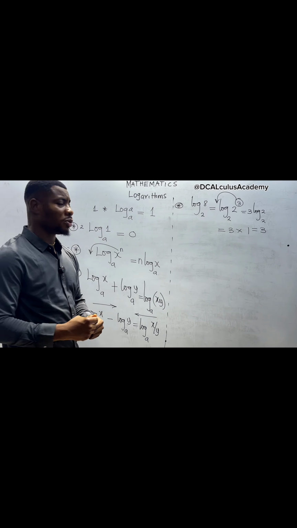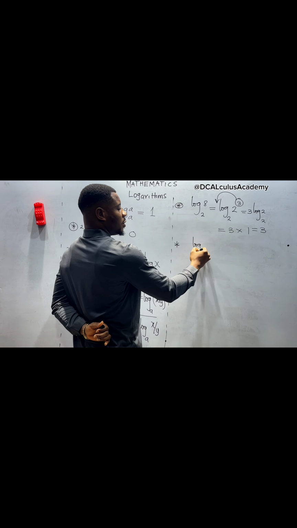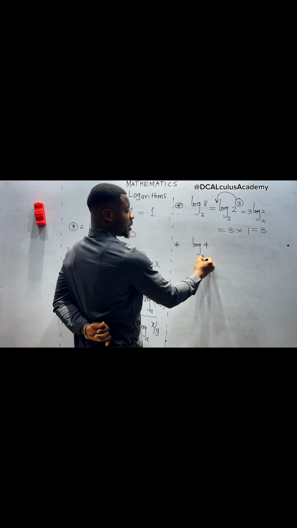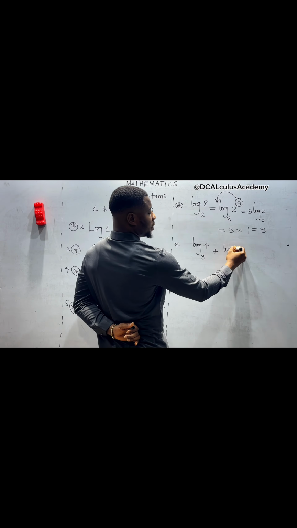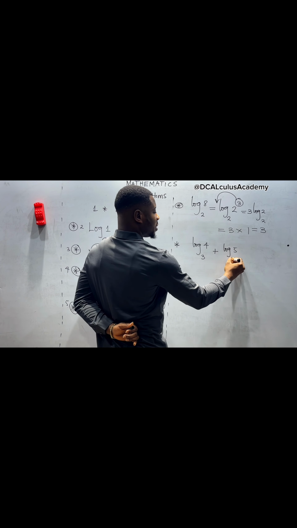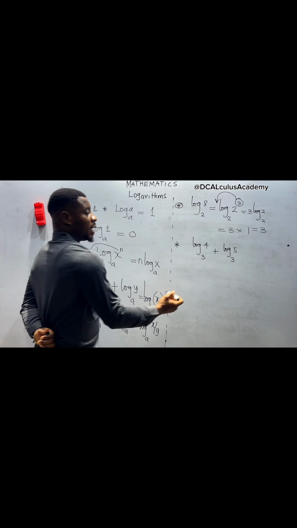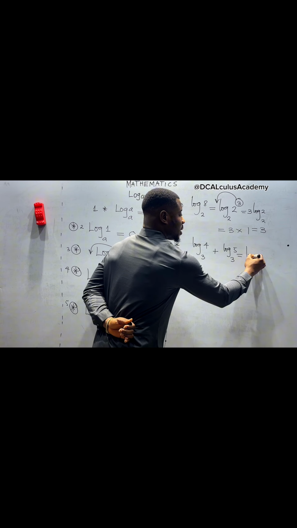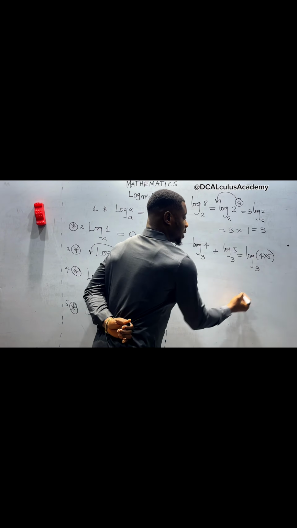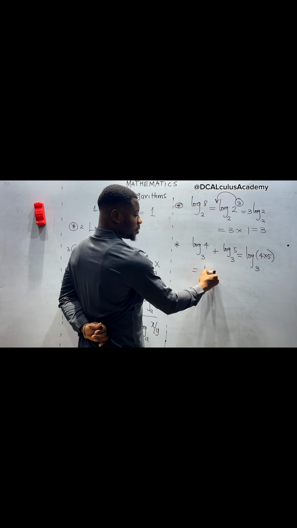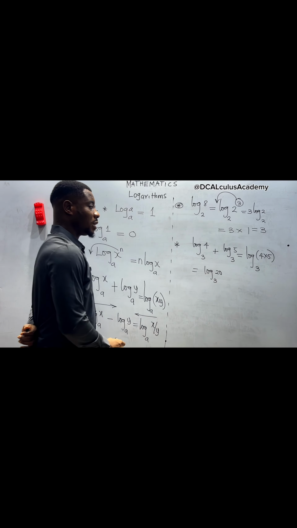Now we could take a simple question again that says, what if I have log of 4 to base 3 being added to log of 5 to base 3? If I apply law 4, this is the same as saying log 4 times 5 to base 3, so we have log 20 to base 3.